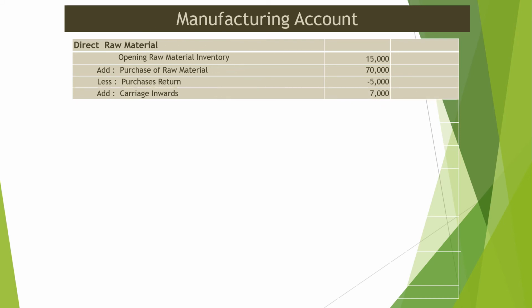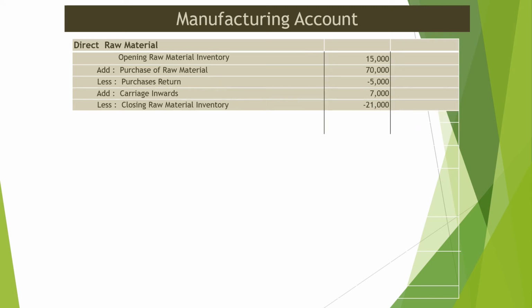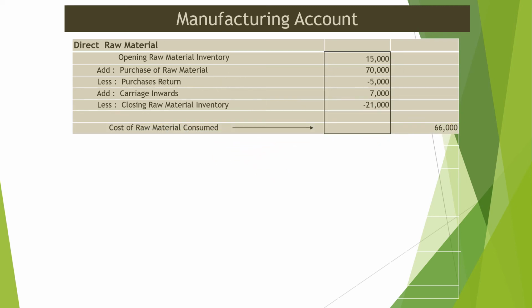Carriage inward will be added. And then the closing raw material inventory will also be deducted. And then we have the cost of raw material consumed.